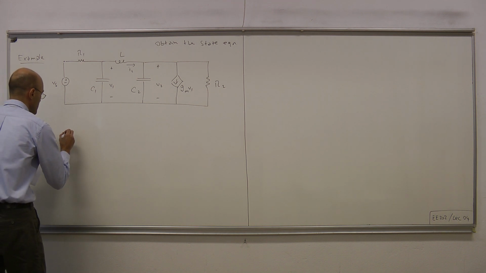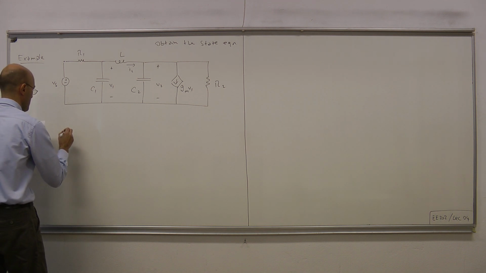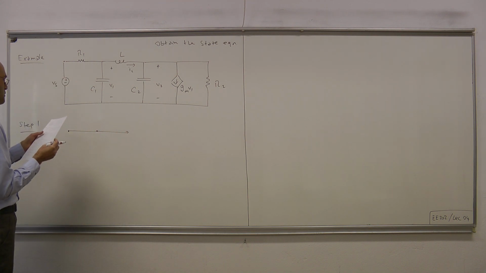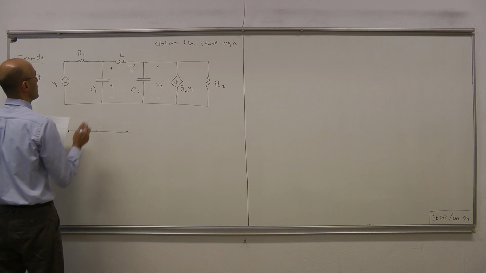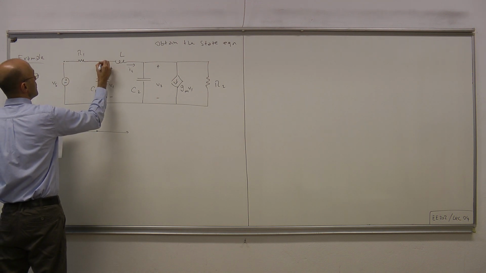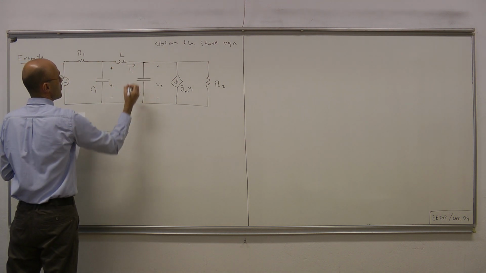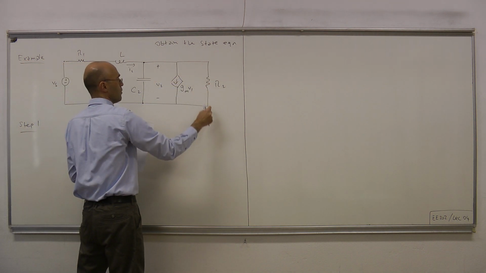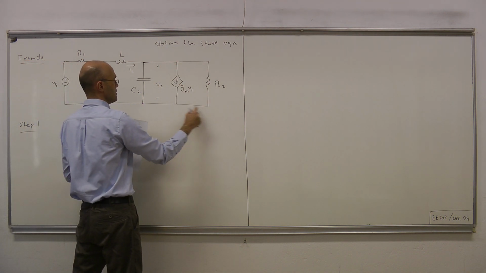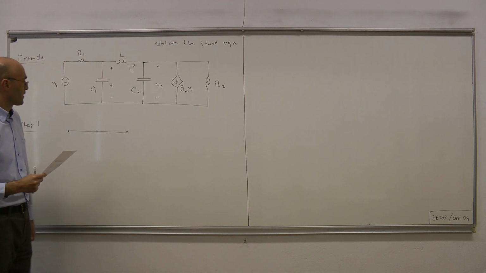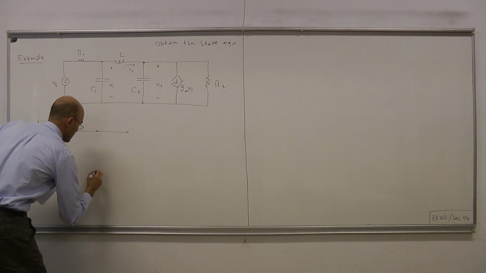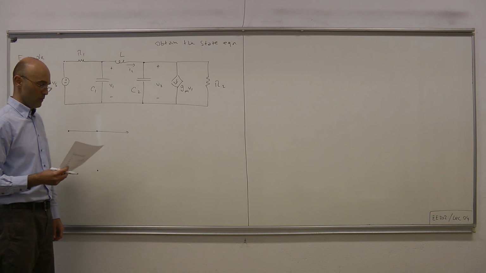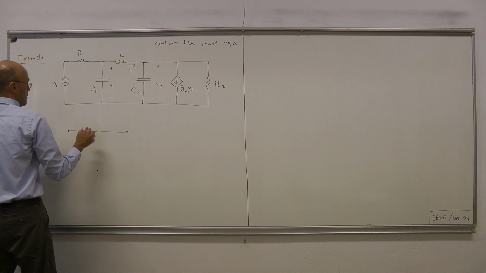So let this be our graph describing the circuit. We have 1, 2, 3, and 4 nodes. Note that these are all the same nodes here, and this and that, they're the same. And then here we have the fourth node.